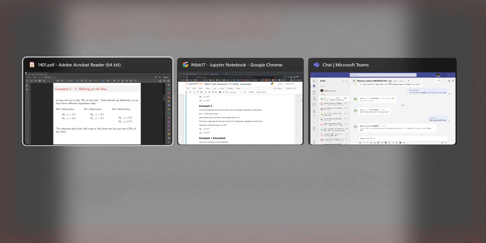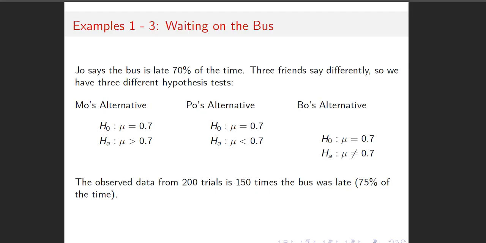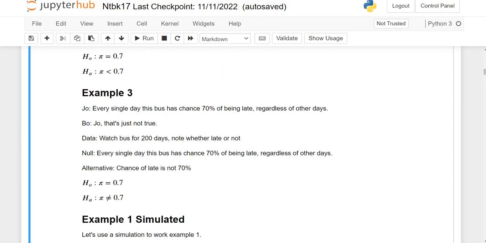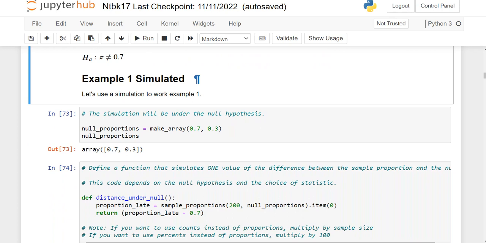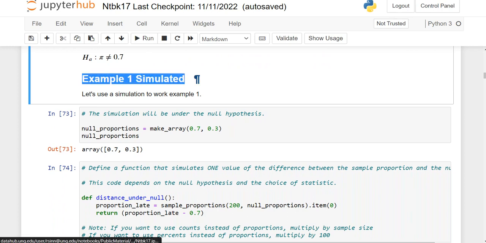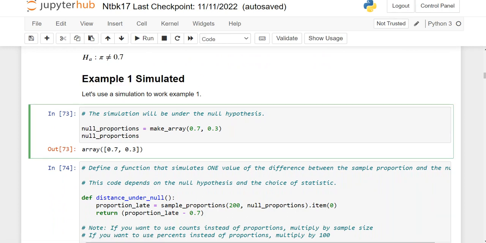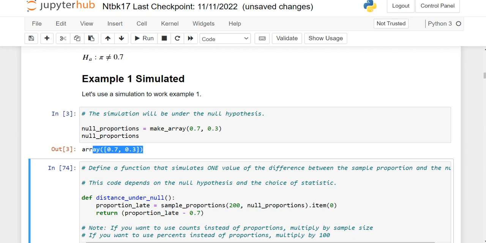Okay, so let's go back into the notebook. And the first thing they do is we're examining example one with a simulation. So the first thing we do is we just make an array that's 70% late and 30% on time.